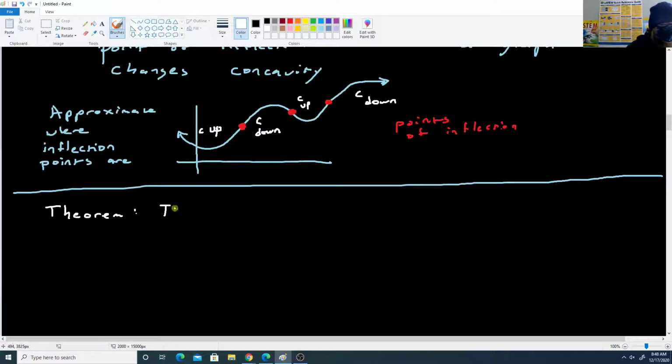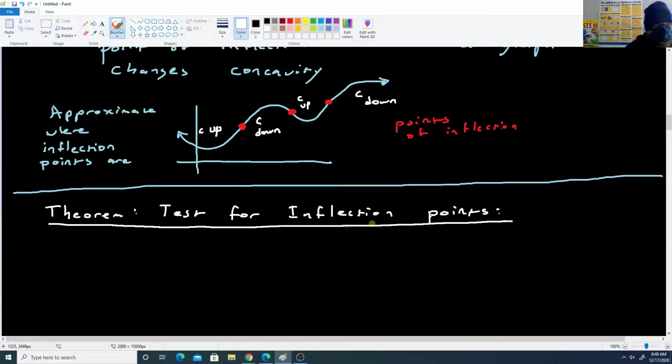So this is going to be the test for points of inflection, or we could call them inflection points. So for this test, we're going to assume that f double prime exists.